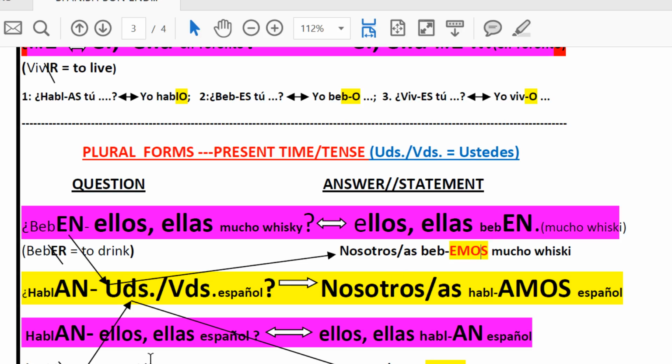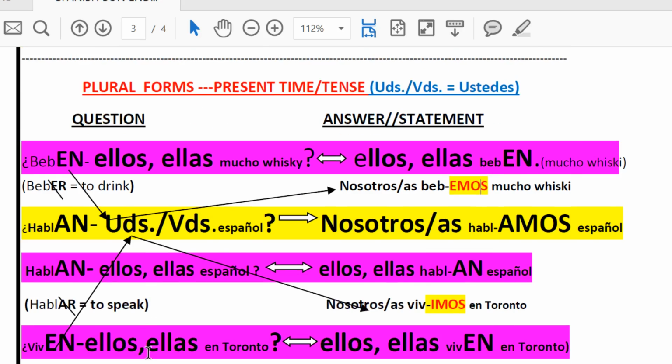Finally, for the verb sound vivir in the plural forms, viven ustedes en Toronto? And you get the reply, sí, nosotros vivimos en Toronto.